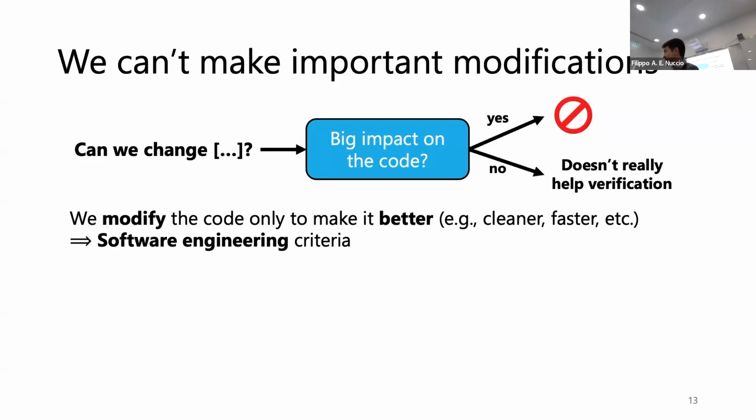You can just remove it to save cycles by doing that. So we can say that to the engineers. But in the end, the modifications we push for, they really follow software engineering criteria. We can push for modifications if it improves the code from a software engineering point of view. We do not do that from a proof engineering point of view, so that the proofs go through.